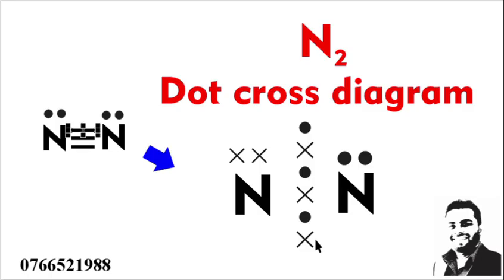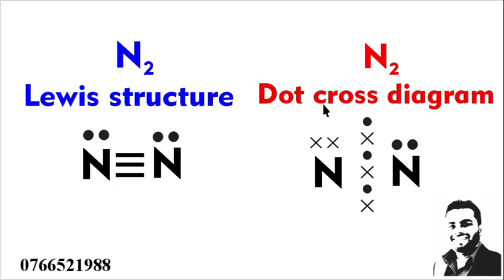Vertically you can represent it like this, and the lone pairs of one nitrogen I'm going to use crosses, the other with dots. So if you take one nitrogen here, it has 8 electrons, 2, 4, 6, 8. It's completed. It has a complete octet. So this is the Lewis structure of the nitrogen molecule.